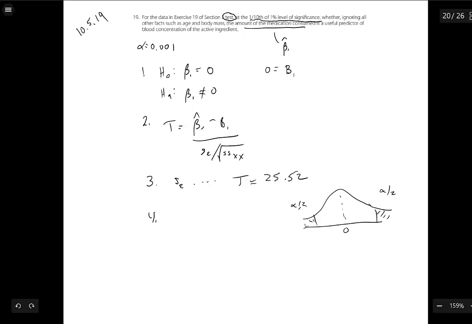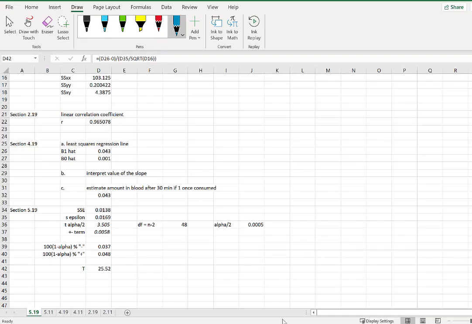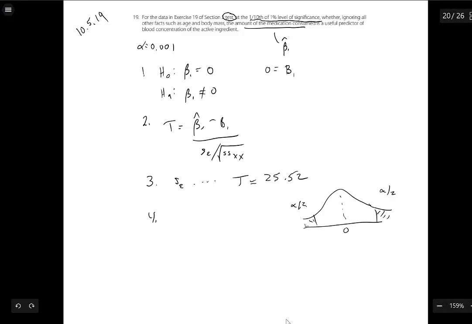Let me pull that from the spreadsheet. That's this 3.505. So coming back here, I'm at 3.505, or minus 3.505. So I'm at minus infinity up to minus 3.505, or 3.505 out to plus infinity. So there is my rejection region.